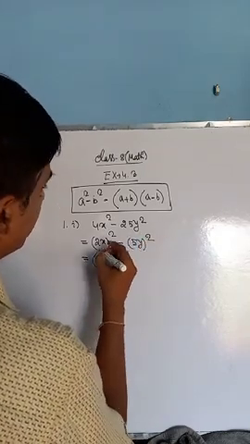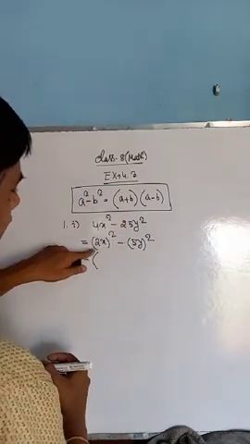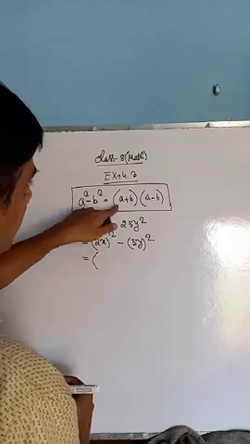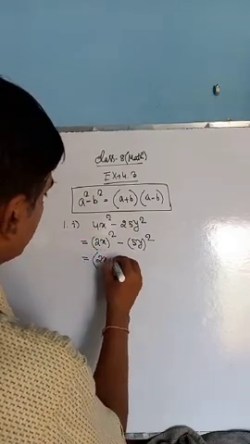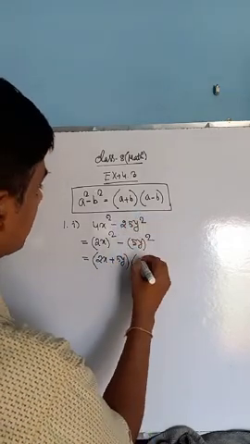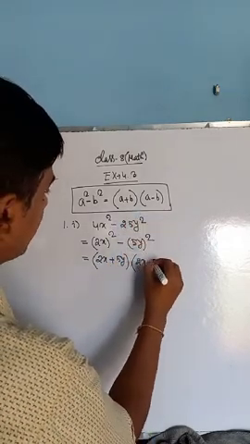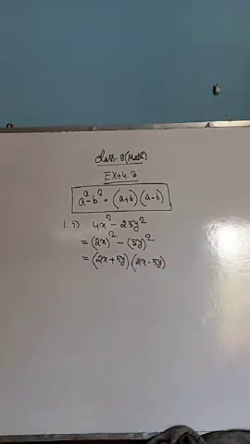Then compare with this equation. This is a square, this is b square. So a plus b is 2x plus 5y, and a minus b is 2x minus 5y. In this way you can solve all the problems from this chapter.